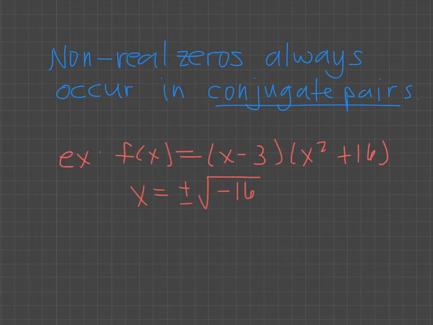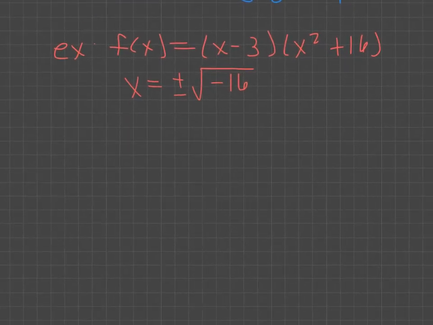Okay, so getting back to our example, f of x equals x minus 3 times x squared plus 16. We got down to this solution of x equals plus or minus square root of negative 16. We now know that we can rewrite that using the imaginary unit. So we can rewrite that as square root 16 times the square root negative 1.